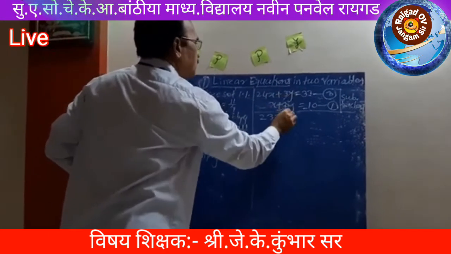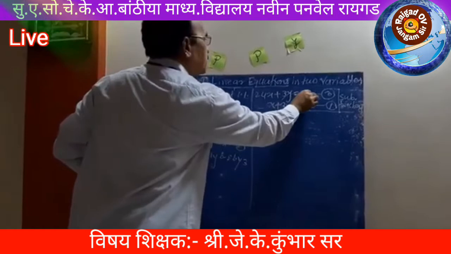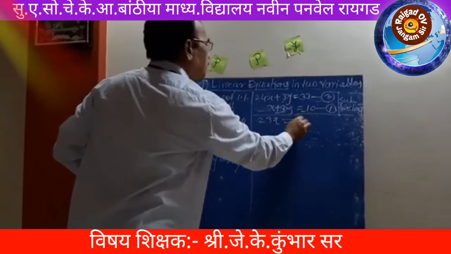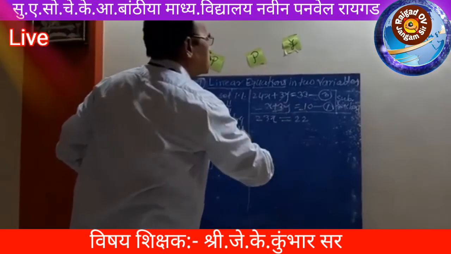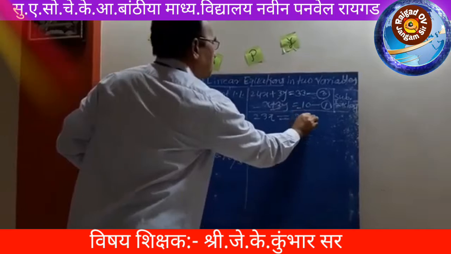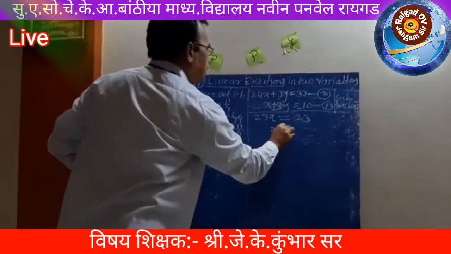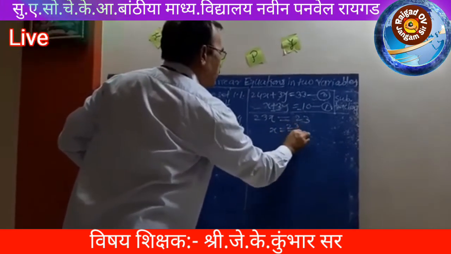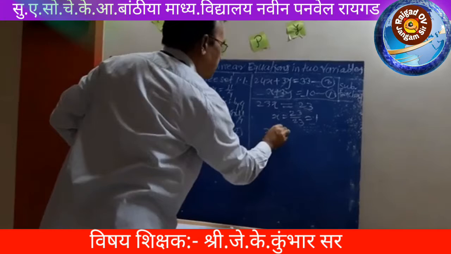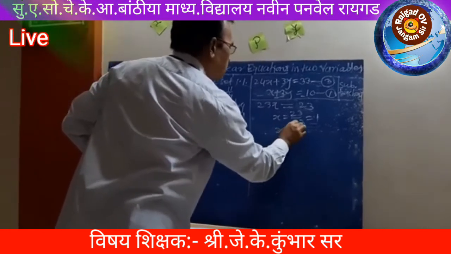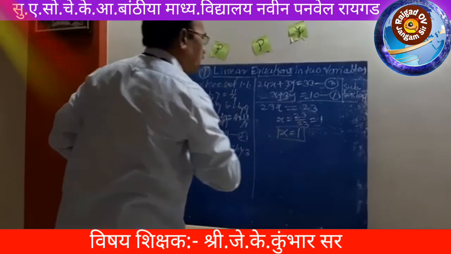Minus 3y plus 3y gets cancelled. Then 33 minus 10 is 23. Therefore x is equal to 23 upon 23, which is 1. That is, x is equal to 1 is the answer of x.